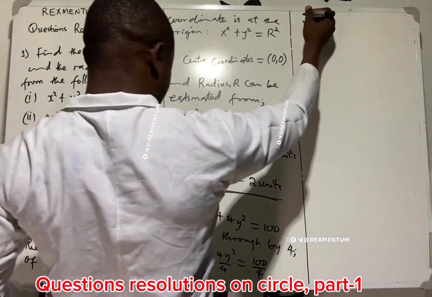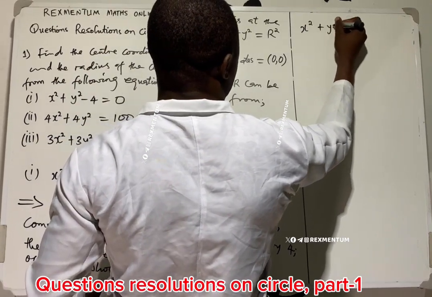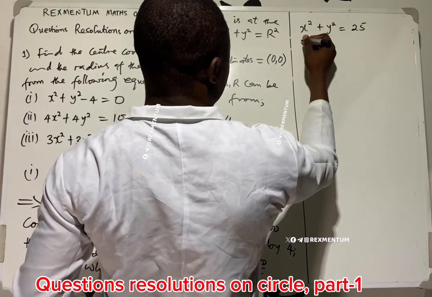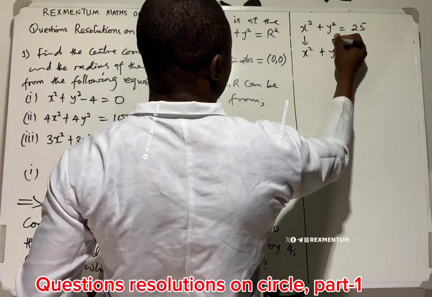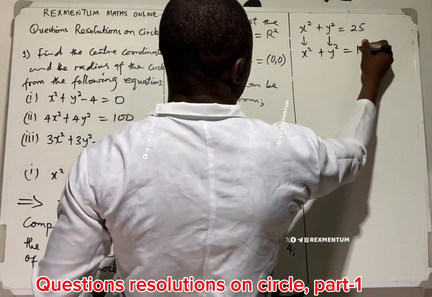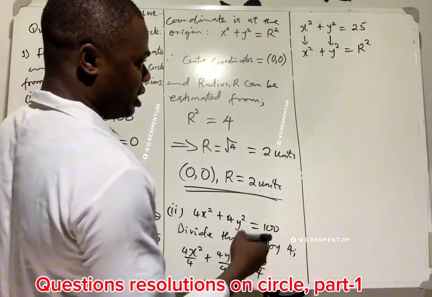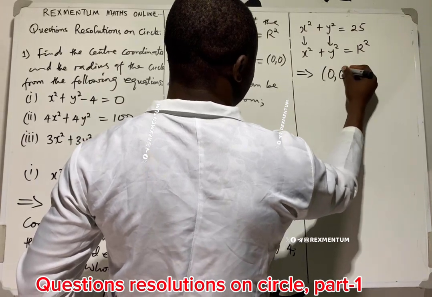So with that, you see that you have x squared plus y squared equal to 25. If you compare this to x squared plus y squared equal to r squared, the standard equation of a circle whose center coordinate is at the origin, this implies that the center coordinate is 0, 0.